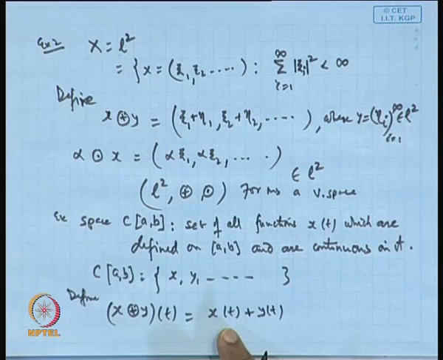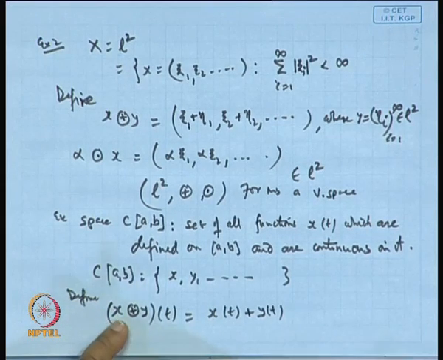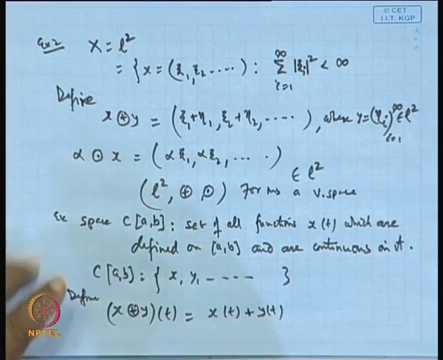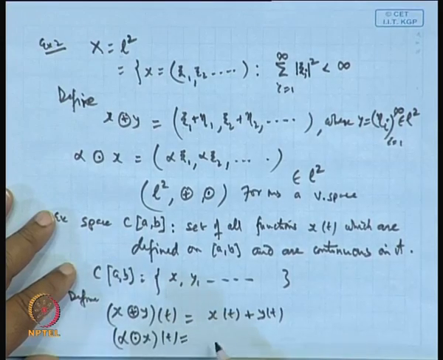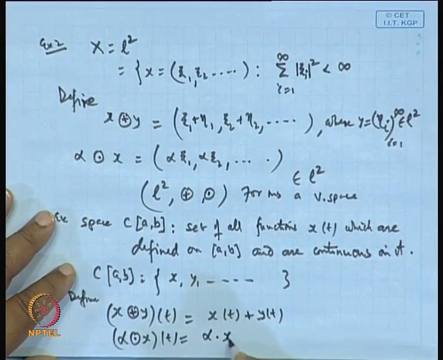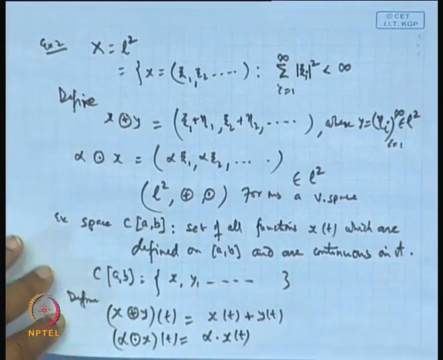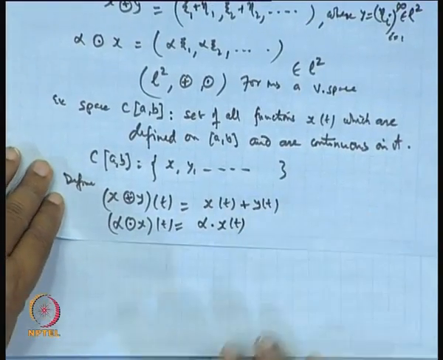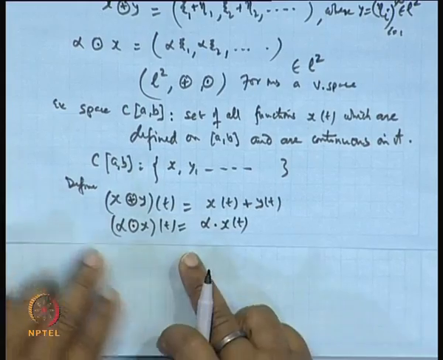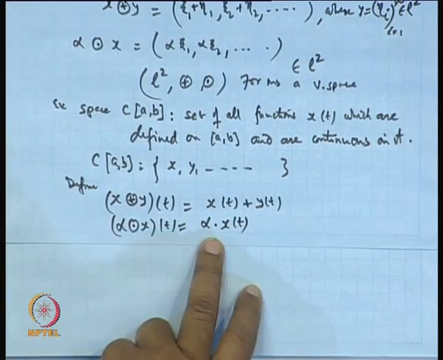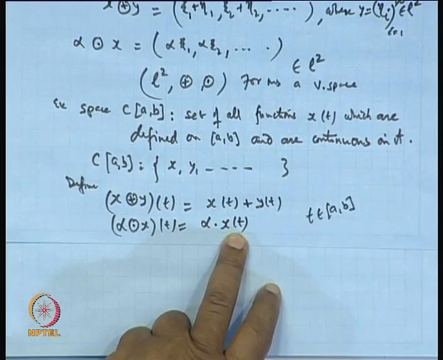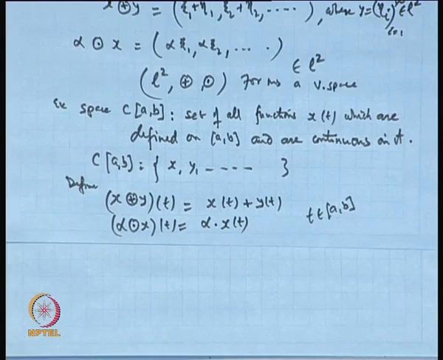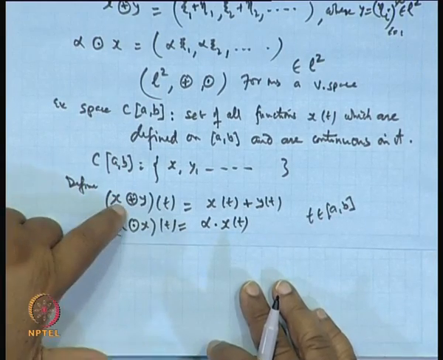These are the functional values, and this is the function. So, we are using this plus sign for the functions. And then alpha dot x(t) we define as alpha times x(t). Okay. What is t? t is a point belonging to the interval [a,b].